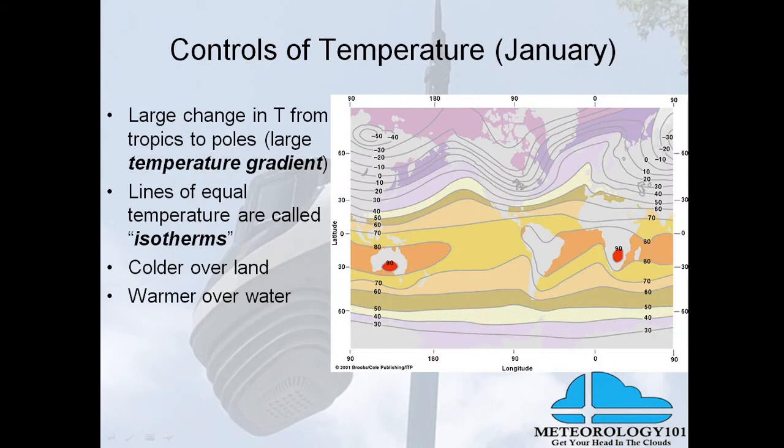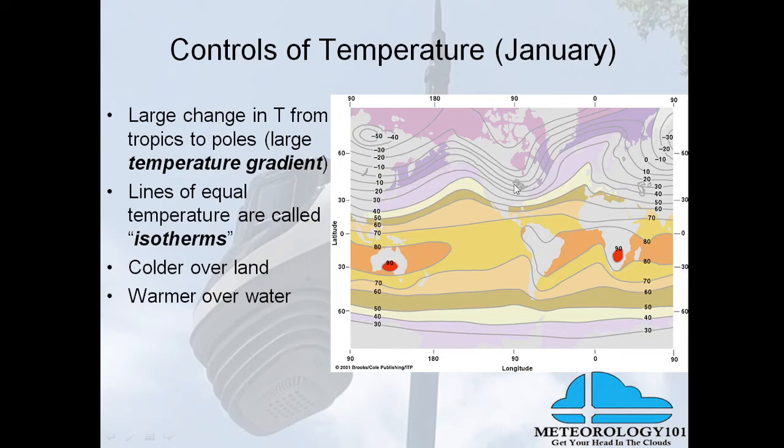Okay, so large change in temperature from the tropics to the poles. Lines of equal temperature are called isotherms. Colder over land, warmer over water. So the main thing to get out of this is that the north-south temperature gradient is actually what causes the jet stream. If you look at this chart, you can see the long wave trough over the United States.